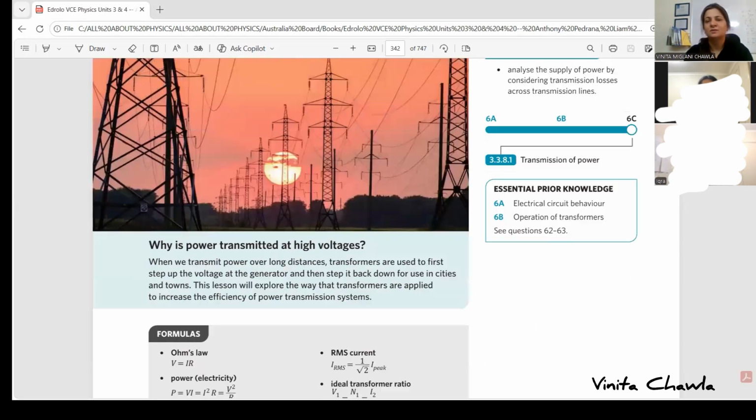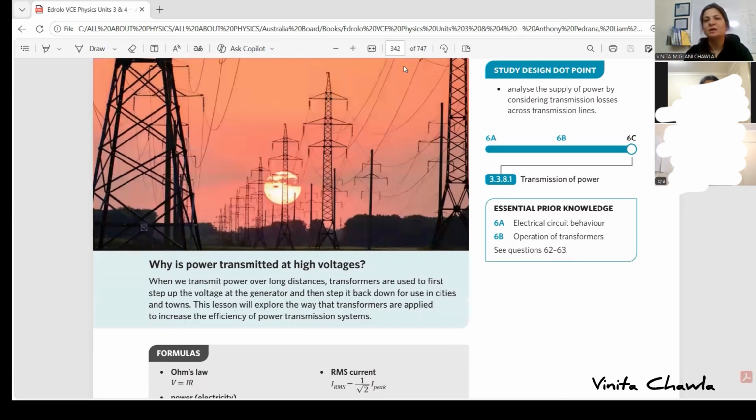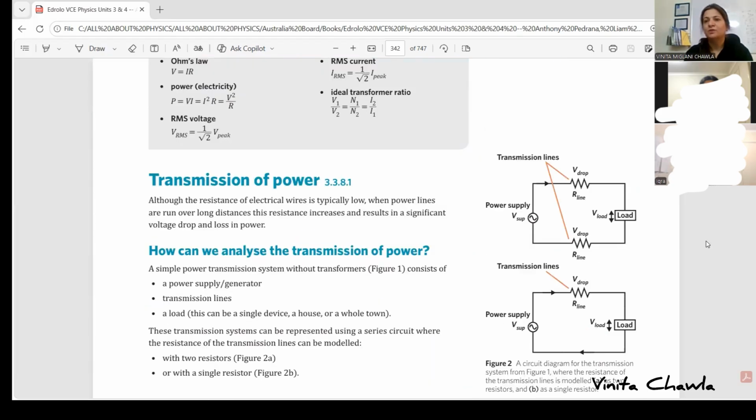Look at this. These are the lines that I'm talking about. These wires have resistance, and that resistance we are representing here by the zigzag line. So this zigzag line basically represents the resistance of the transmission lines.